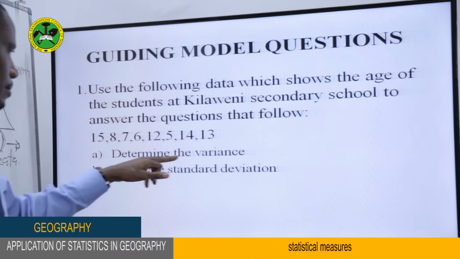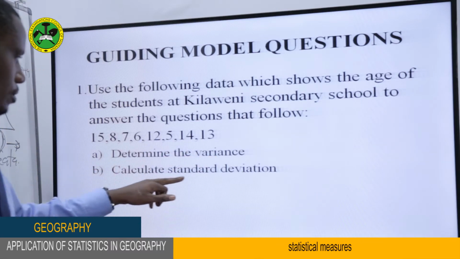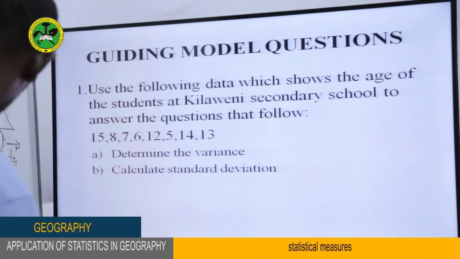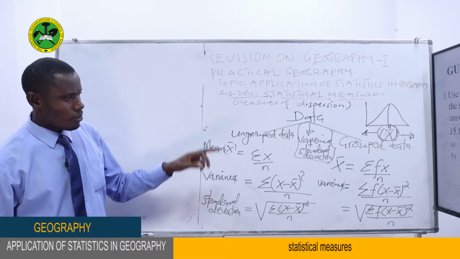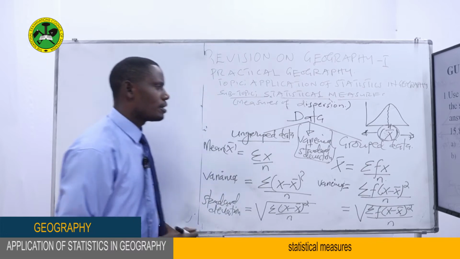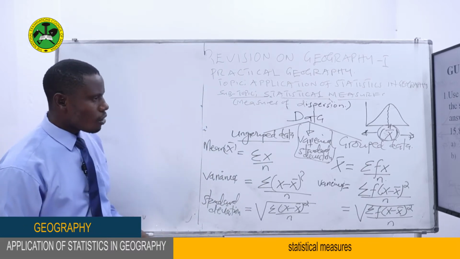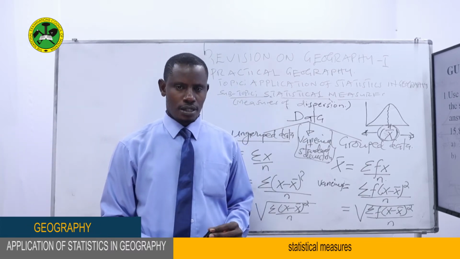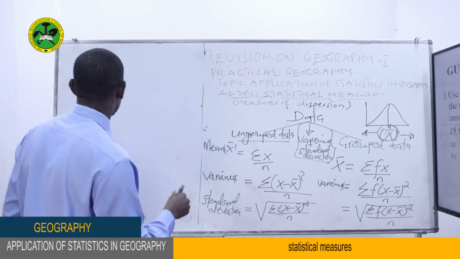Then we have been asked to determine the variance, and to calculate the standard deviation. So already we have our formula over there, and remember question number 1 is just for ungrouped data. So if it's ungrouped data, we should go through the following procedures. The first one, I think you are aware of, is the table.